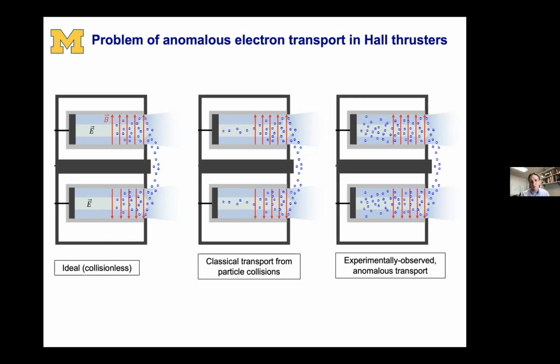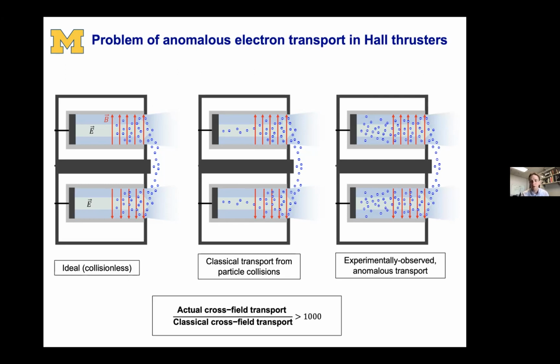In practice, however, when we actually measure the electron current exhibited by these devices, we see that the electron current across field lines is several orders of magnitude higher than you'd anticipate classically. This suggests that the classical interpretation of particle-with-wall or particle-with-heavier-species collisions leading to electron transport is not representative of the underlying physics.